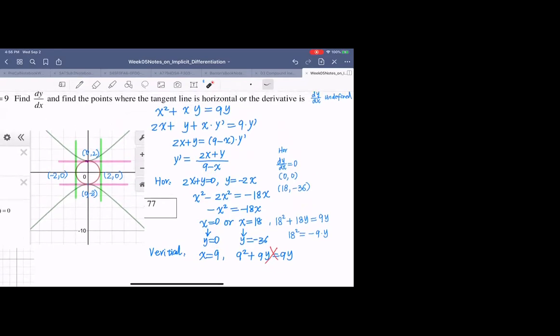Then you do 9 squared plus 9 times y equals 9y. Oh, 9y, 9y cancel. You are saying 9 squared equals 0. This is impossible, okay? So you don't really have a vertical tangent line. Does that make sense? Yes.